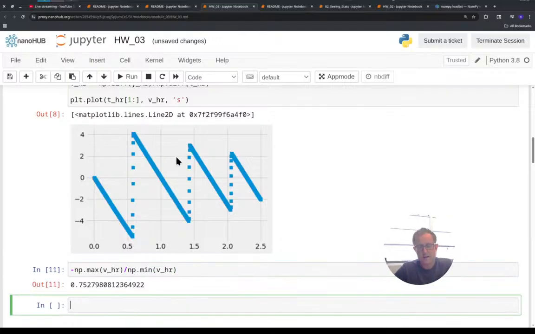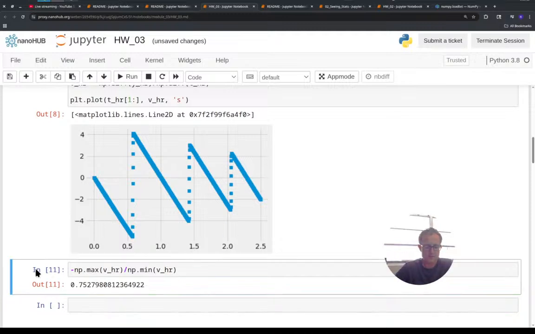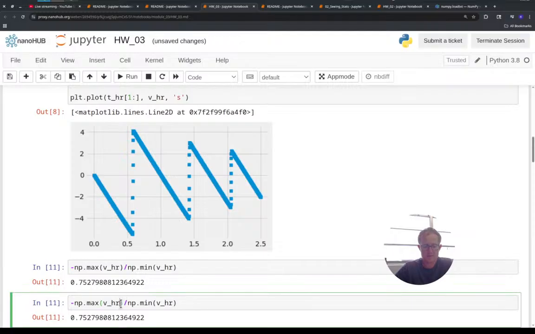The next one, I need this max and that min, but I want to ignore this one. So really, I just need everything after t equals 1 second. So what I could do, copy paste, say t hr more than 1.